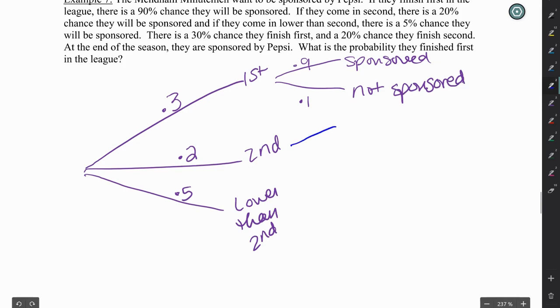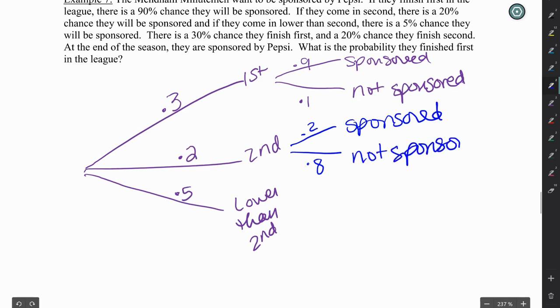If they finish second, there's a 20% chance they're sponsored, which means there's an 80% chance they're not sponsored. And then if they finish lower than second, there's only a 5% chance they're sponsored, which means there's a 95% chance they're not sponsored.